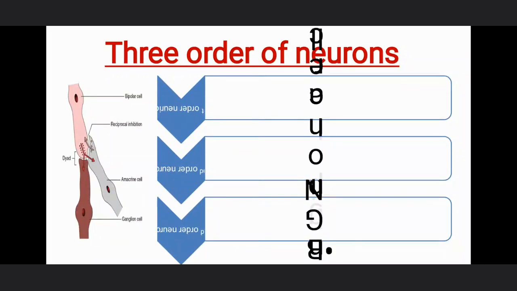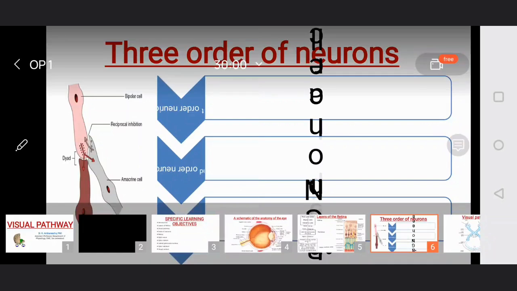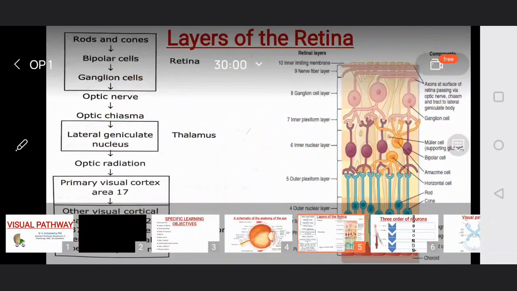The second order neurons are called secondary neurons, which are ganglion cells. The third order neurons or tertiary neurons form the lateral geniculate body, which is a part of the thalamus. Already I mentioned in the previous slide, part of the thalamus.